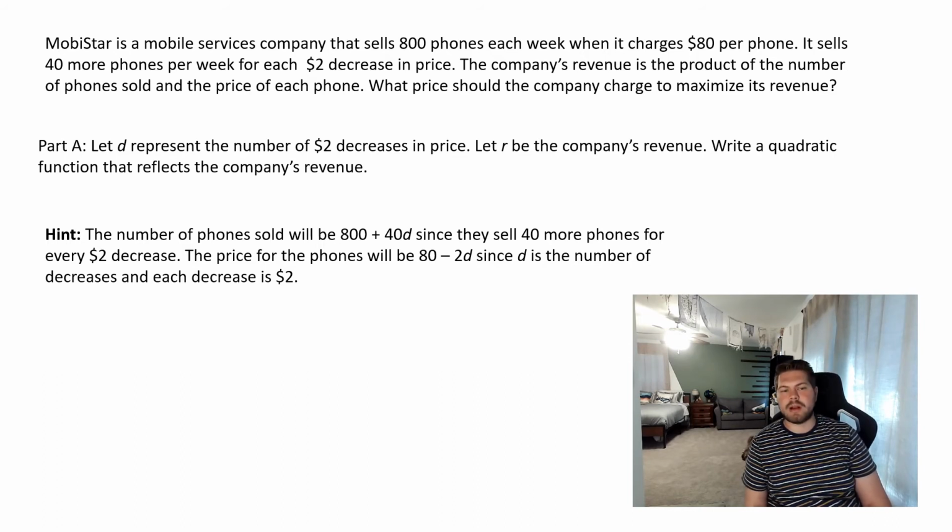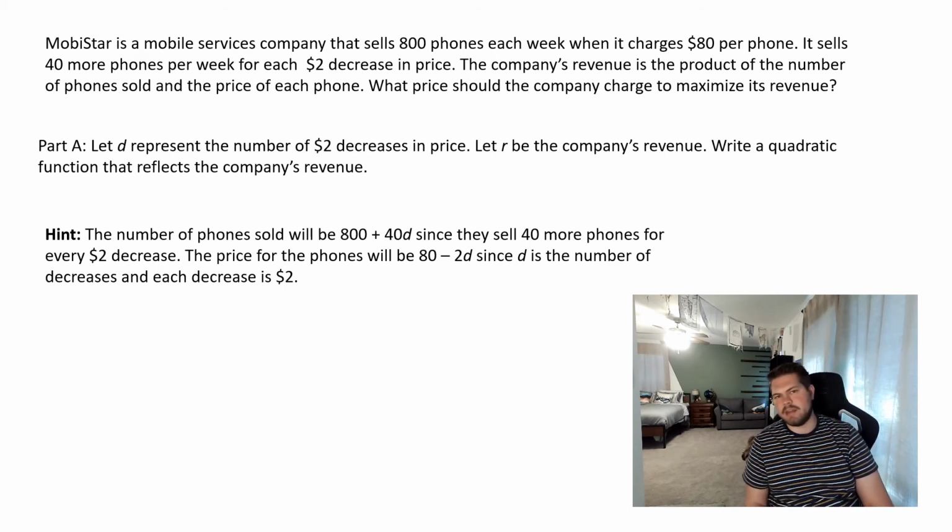The company's revenue is the product, so remember, product means multiplication. It's going to be important in a second, of the number of phones sold and the price of each phone. What price should the company charge to maximize its revenue? Let D represent the number of $2 decreases in price and let R be the company's revenue. Write a quadratic function that represents the company's revenue.